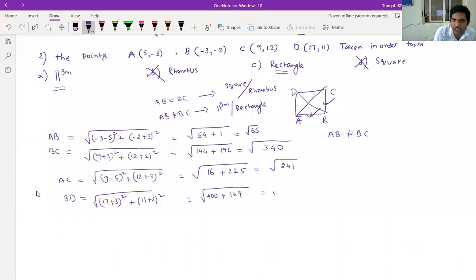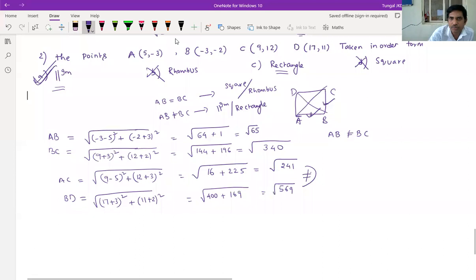What you are getting is root 569. These two values are not equal. So the diagonals are not equal, opposite sides are equal, diagonals are not equal. Therefore, the 4 points form a parallelogram.